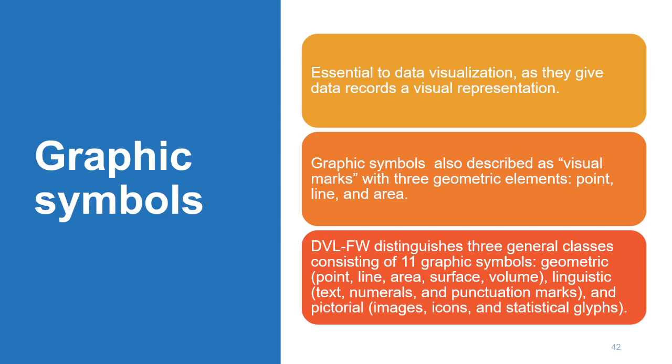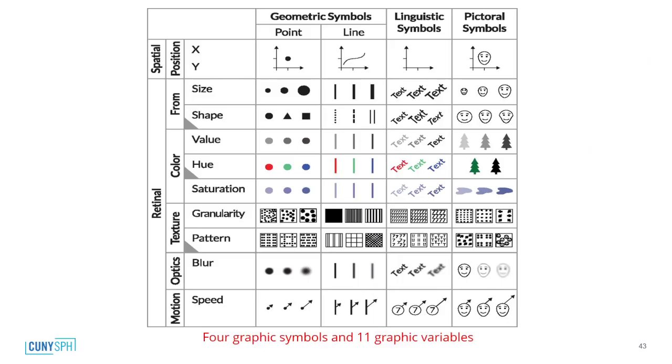Those have meaning and they are usually culturally dependent. And pictorial symbols are images, icons, glyphs that are representations of those things that are physically present in the world and we can see. We can see this in this table, where we have geometric symbols like point or line, and other elements, because the area is going to be another symbol, but the primitives are going to be the point and the line.